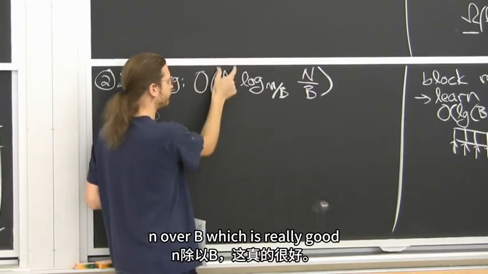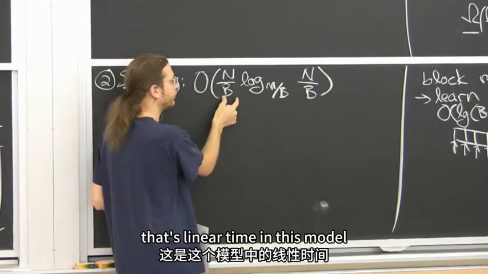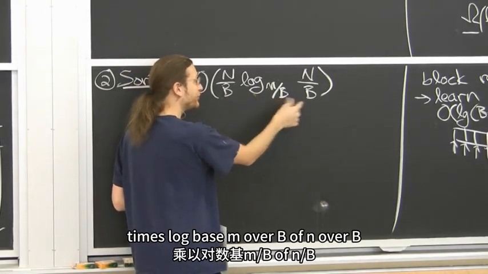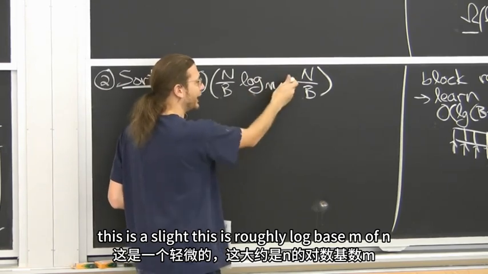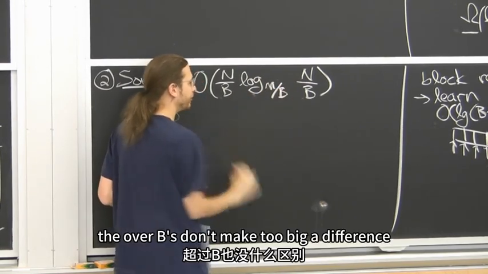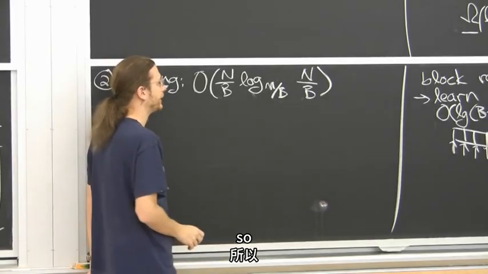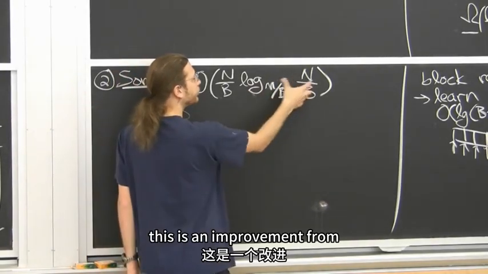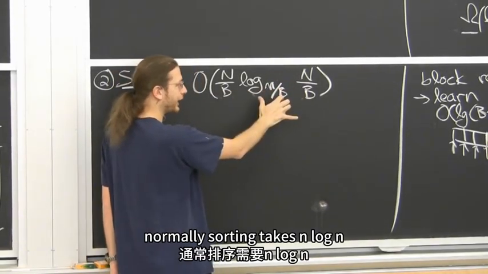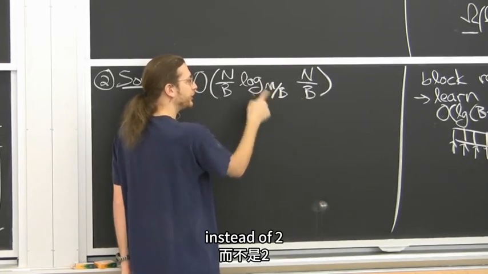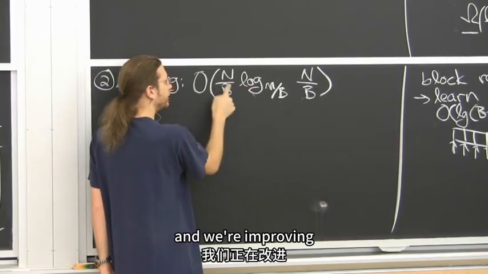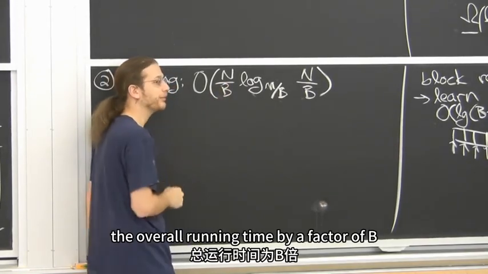N over b, which is really good, that's linear time in this model, times log base m over b of n over b. So this is roughly log base m of n. The over b's don't make too big a difference. So this is an improvement from, normally sorting takes n log n, with the base 2. We're improving the base of the log to m over b instead of 2, and we're improving the overall running time by a factor of b.